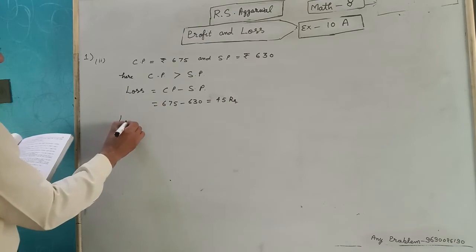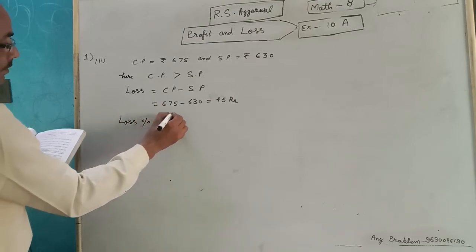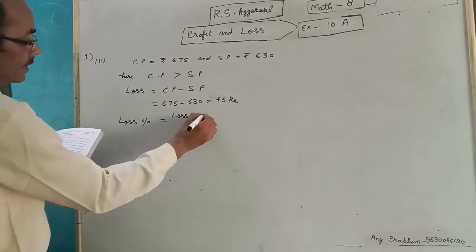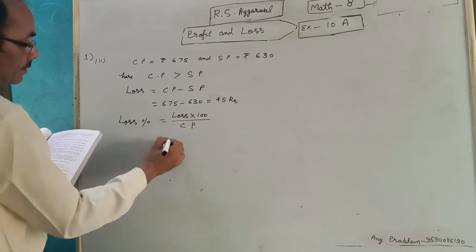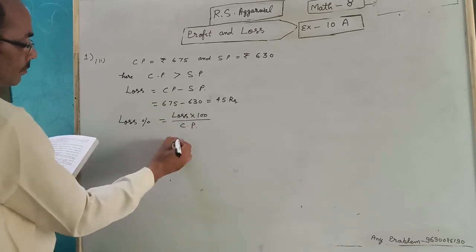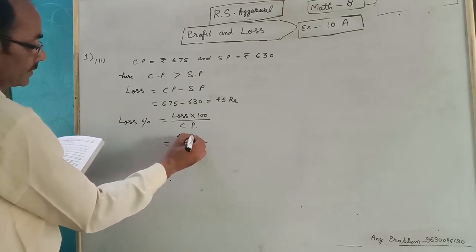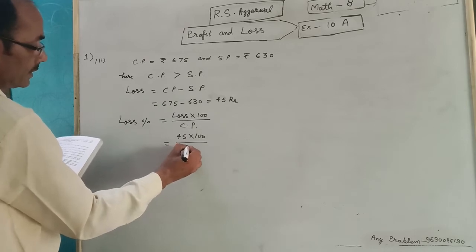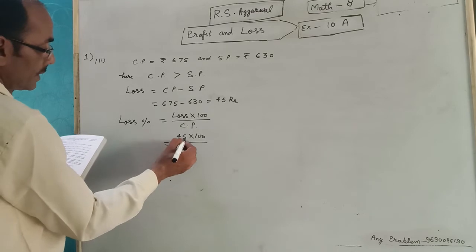Loss percent is equal to loss into 100 upon CP. Putting the value, loss is equal to 45 into 100 upon 675. Divide by 5.